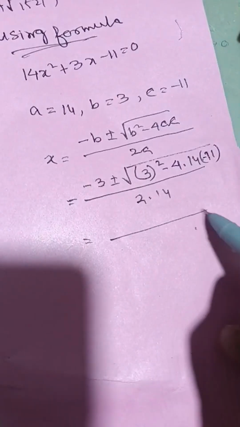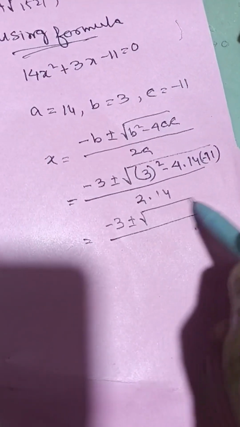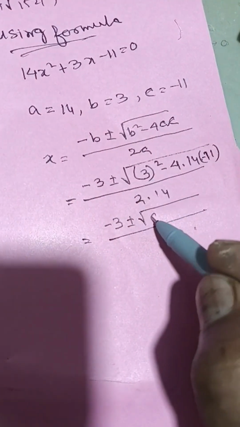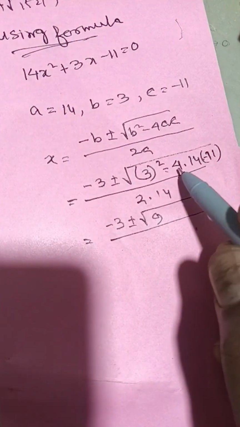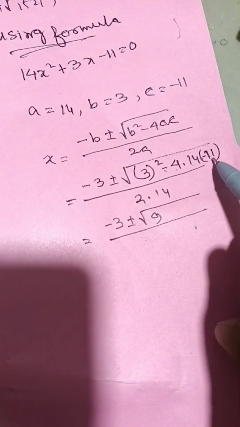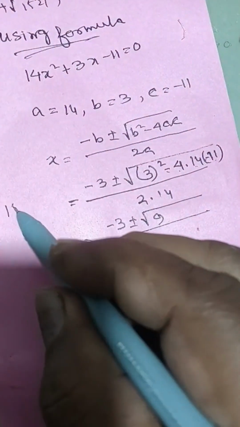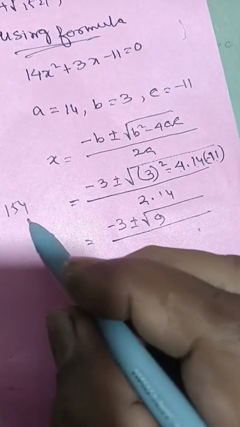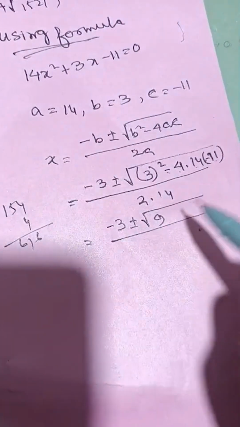That means you write here minus 3 plus minus root over 3 square is 9. Here you see minus and minus. If you multiply 4 into 14 into 11, 14 into 11 is 154. 154 into 4, if you multiply, you will get 616.